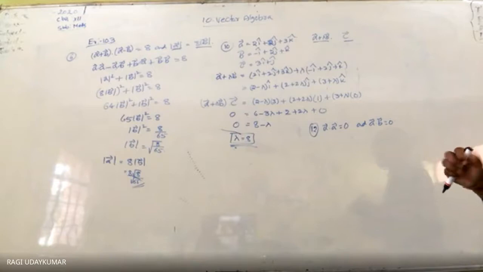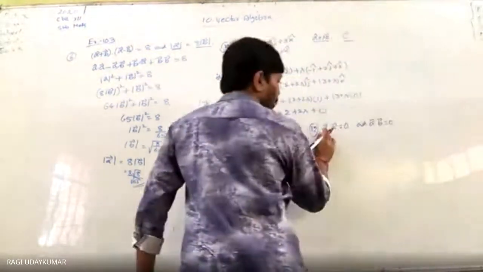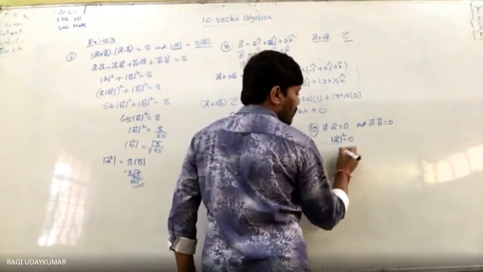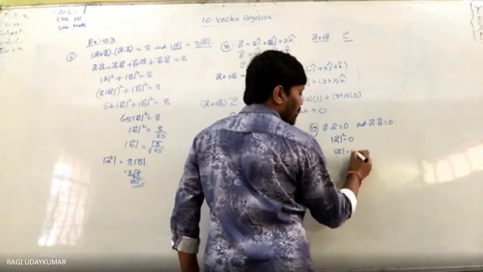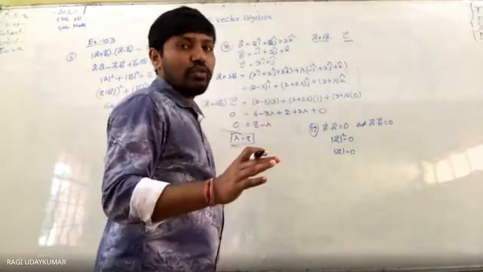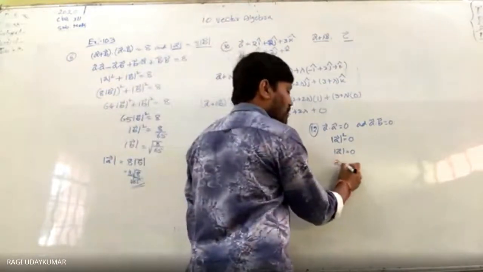Whenever you take this into consideration, the dot product of these two vectors is nothing but the magnitude of this vector squared, which is equal to 0. So when the magnitude is equal to 0, the vector is a zero vector. This vector a bar is a zero vector.